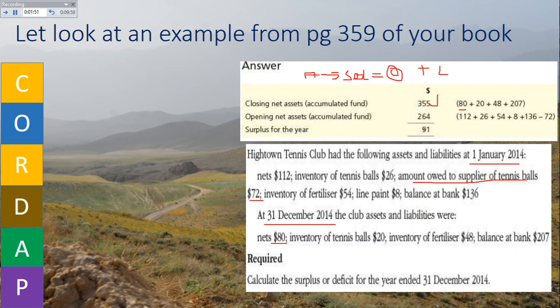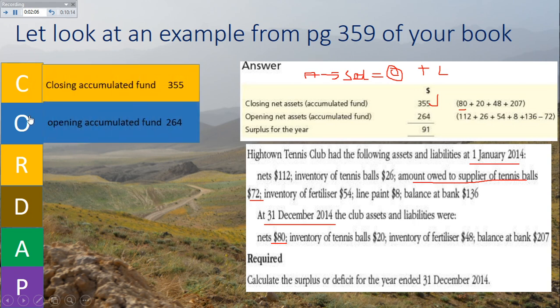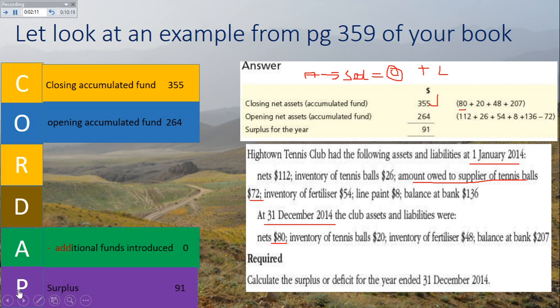So the difference of these two is 91. That's your surplus using this code. So basically here we don't have additional fund introduced, so A has not been used. That's closing accumulated fund, opening accumulated fund. You don't have A, and then the surplus is your 91. So we don't need to use this R and D in this topic.